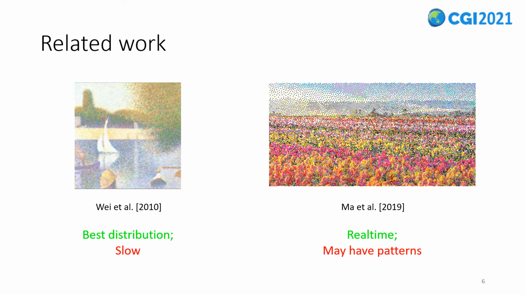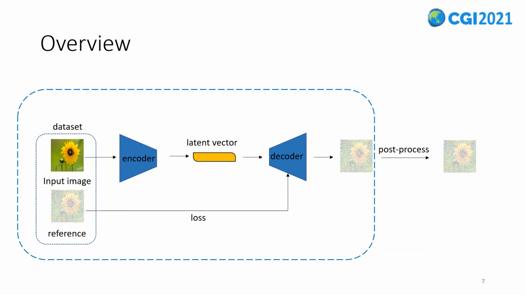Since traditional algorithms have their respective drawbacks, and meanwhile deep learning has been widely used in image synthesis and stylization, we look to deep learning methods for a better solution. Here is the overview of our solution. We propose an encoder-decoder framework for 2D image stippling.